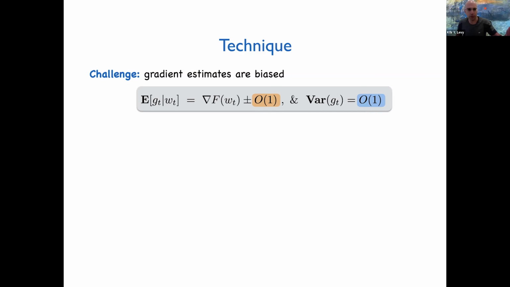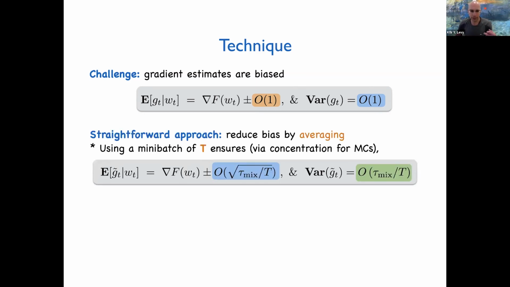So what we can hope to do is to have some machinery to take these biased gradients and translate them into gradients with small bias. A very simple machinery to do this is to use a mini batch.